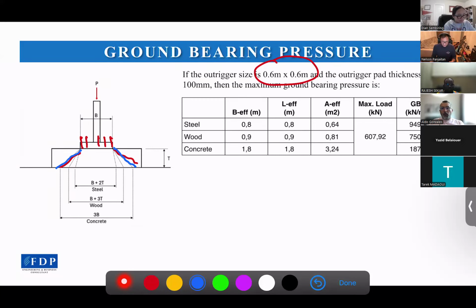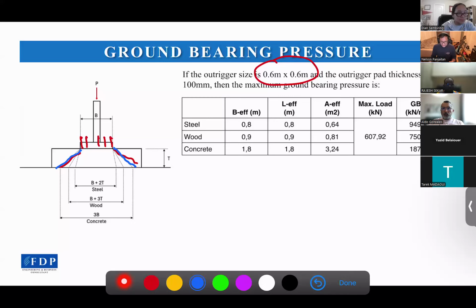So the effective area at the contact between the bearing pad and the ground will become bigger. It depends on the material of the bearing pad and the thickness, right? So it doesn't matter if you have a bearing pad as wide as a football field. If the thickness is only 1 millimeter, then it will have no effect on the bearing pressure to the ground.